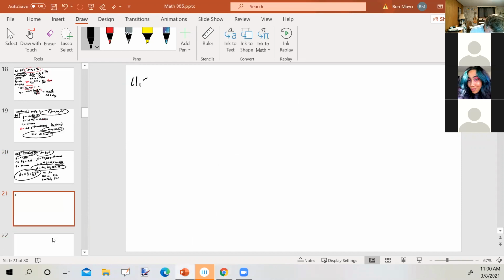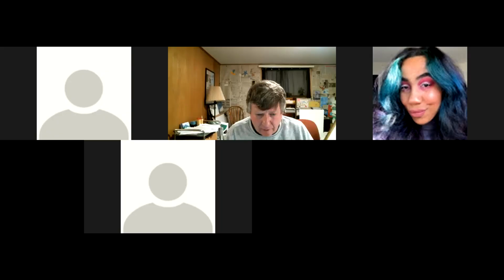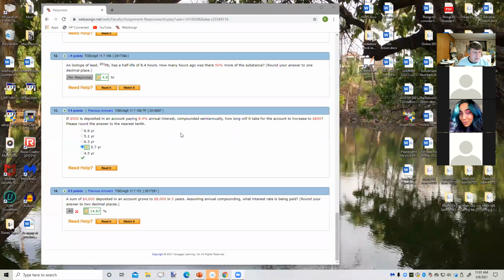So this is 11.7, number 12. And this is similar to one that we did earlier today. An isotope of lead has a half-life of 8.4 hours. How many hours ago was there 50% more of the substance? Round your answer to 1 decimal place.